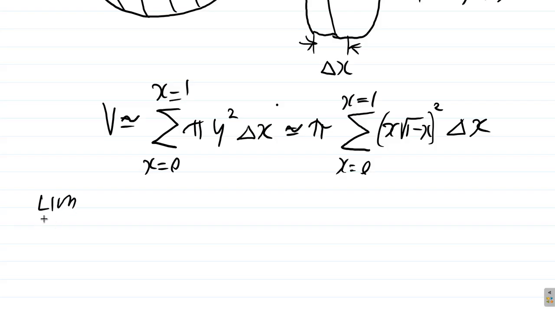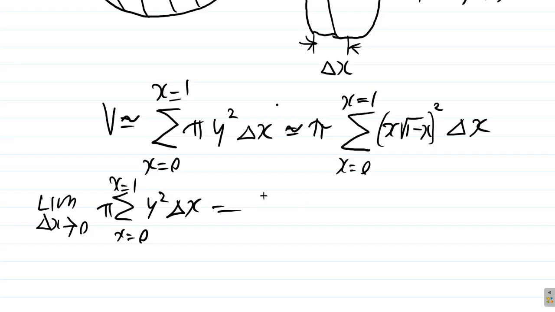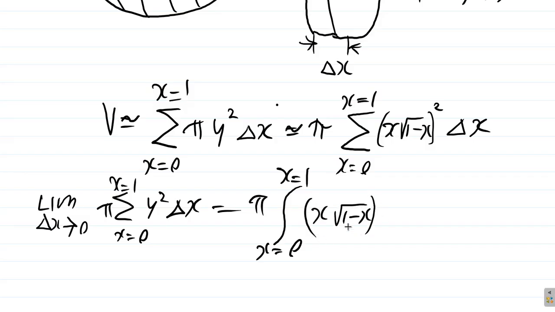So the limit as delta x tends to 0 of the sum from x equals 0 to x equals 1 of pi y squared delta x is equal to pi times the integral from x equals 0 to x equals 1 of y squared, which is x square root of 1 minus x squared, dx. Okay? So you see that now.